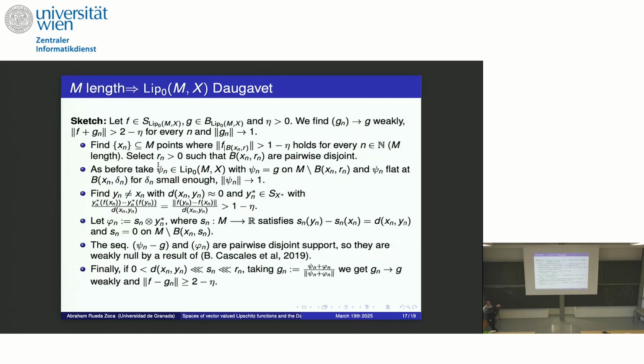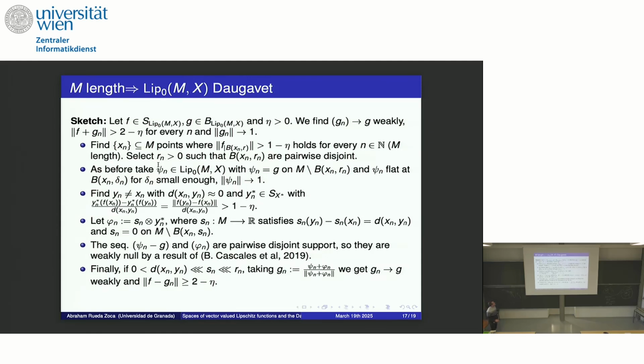And now the point is that if the distance from xn to yn is very, very smaller than this Sn, and this Sn is quite smaller than our Rn, then a function, as in the real case, allows us to get Gn converges to G, because this Cn converges to G, and this is weakly null, and all of them are far away because phi n and f share points where they have both big slope. And this is essentially the idea. I didn't want to enter into deeper details, okay? But this is the main heart of the proof.